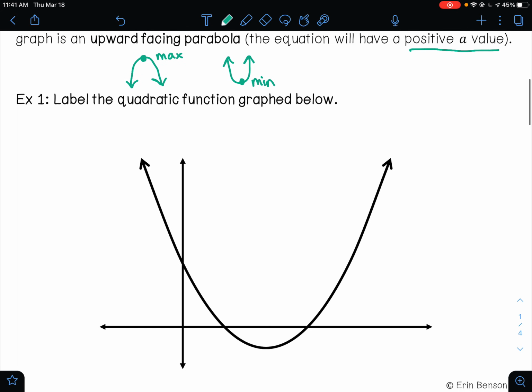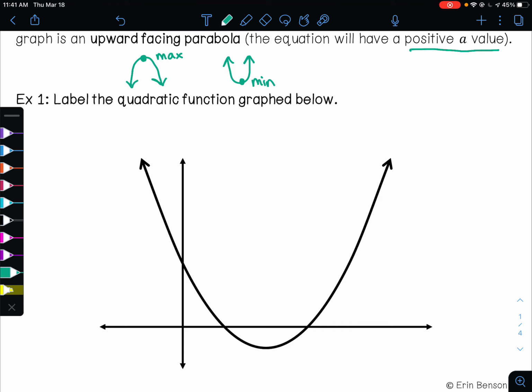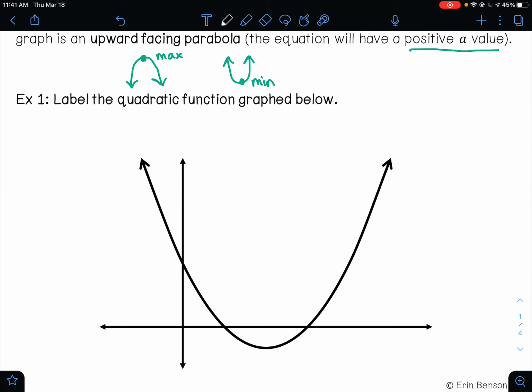When we look at example 1, it says label the quadratic function below. So let's start off with the things that we know. We know that this is the x-axis and that this is the y-axis. This U-shaped curve is called a parabola.